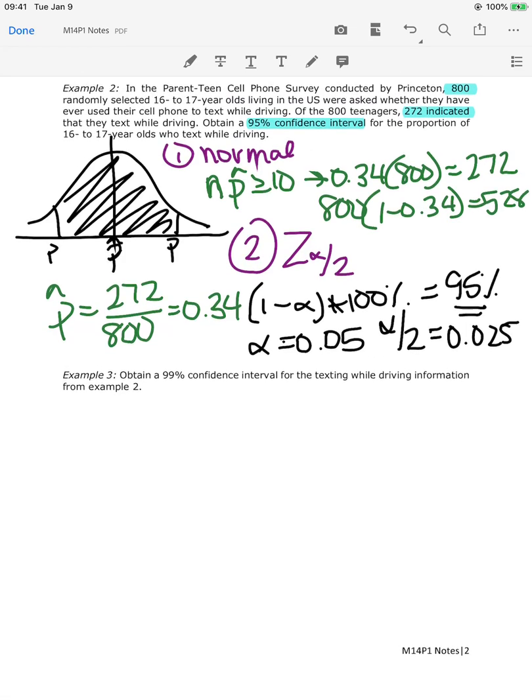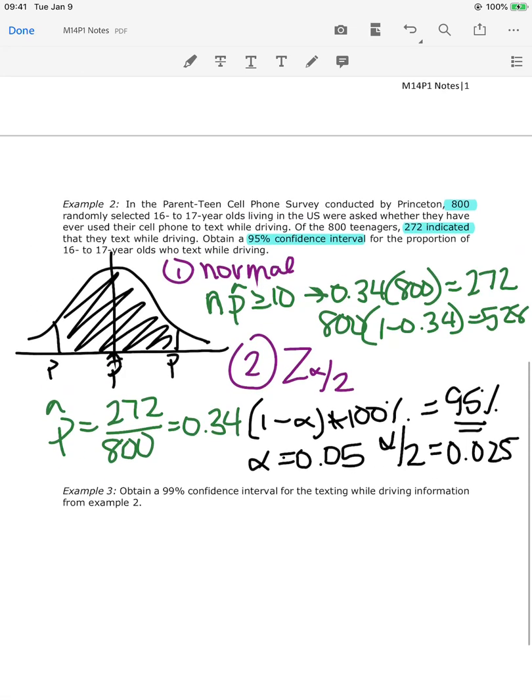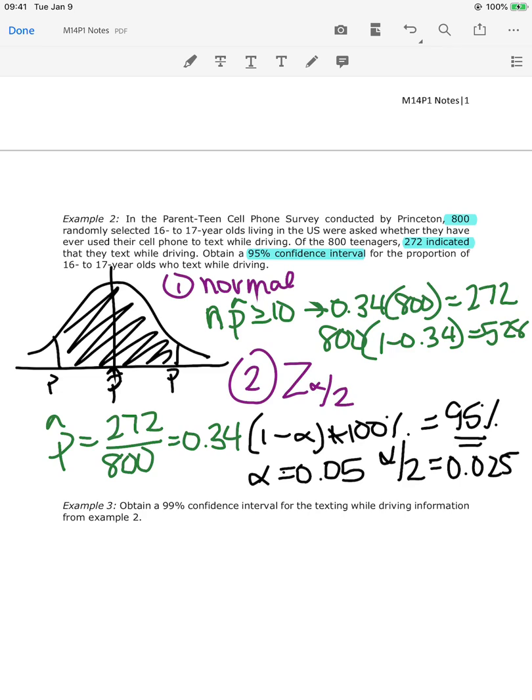I'll write it up here. If I have an area and I need to find the z-score that corresponds to that area, we go to inverse norm, which, if you recall, is in your second VARS list, and it should be the third option.